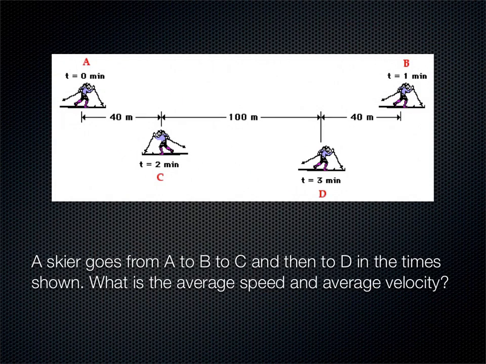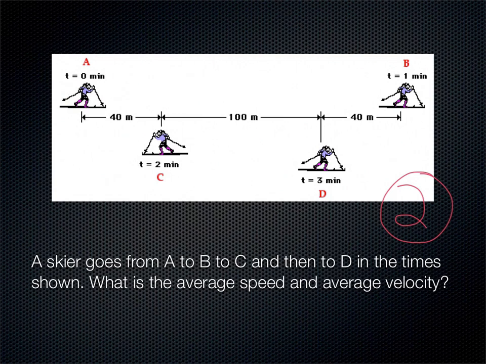Okay, so now again it's your turn. In your notes, I would like you to call this problem number 2. And the problem is, again, the skier is going to start at A, and the skier is going to go all the way over to B, and then the skier goes to C, and then the skier goes to D. And it takes the amount of time that they show here.